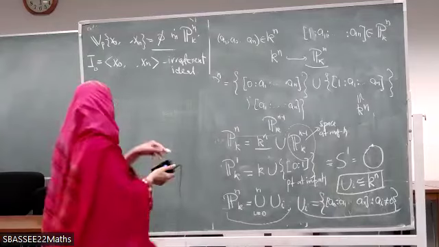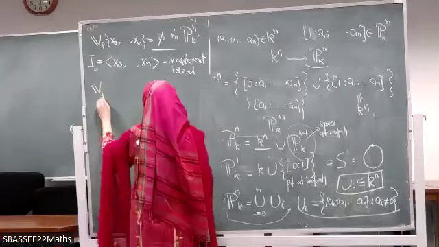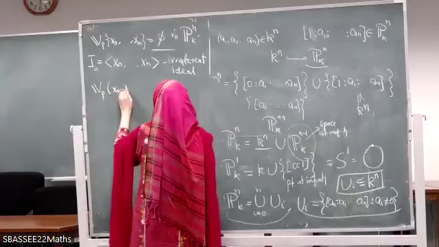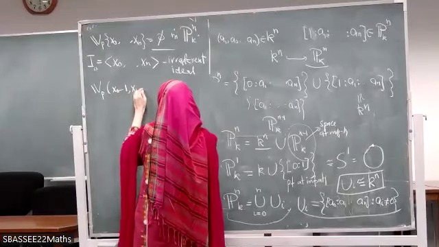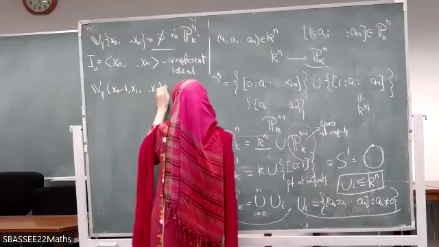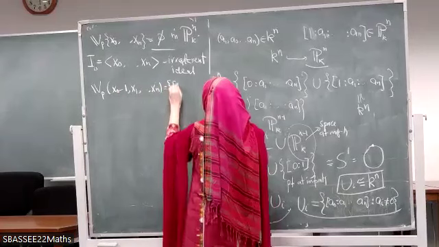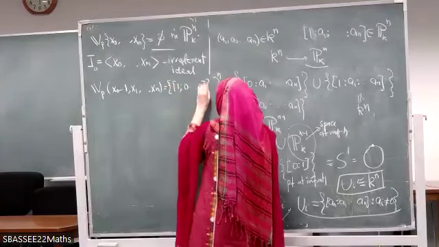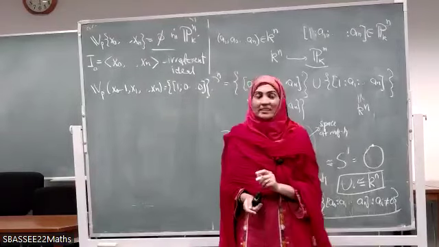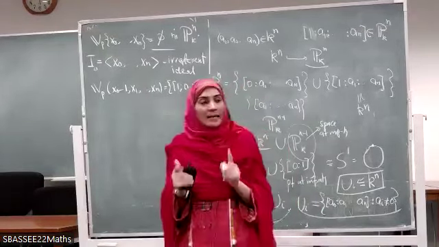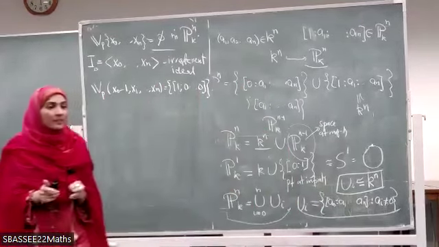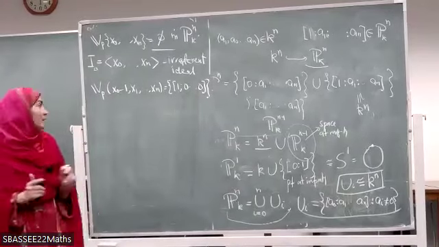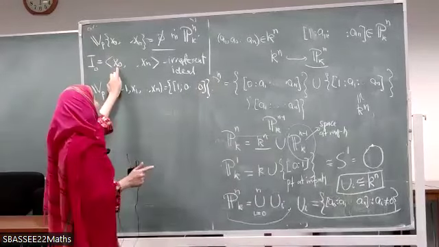No. If you have this one, this gives you this point, 1, 0, 0, 0. So not all maximal ideals are irrelevant. There is only one ideal which is irrelevant, that is generated by this x0.